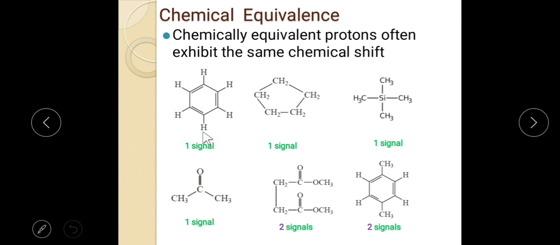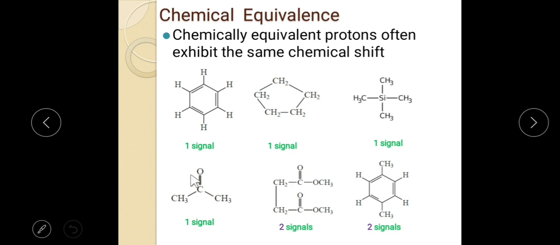in H1 NMR spectroscopy. Similarly, in cyclopentane, all the 5 CH2 groups are in the same chemical environment, therefore the 10 hydrogens have the same chemical shift. In case of TMS, all the methyl groups are in the same chemical environment, so they show a single peak of 12 hydrogens.